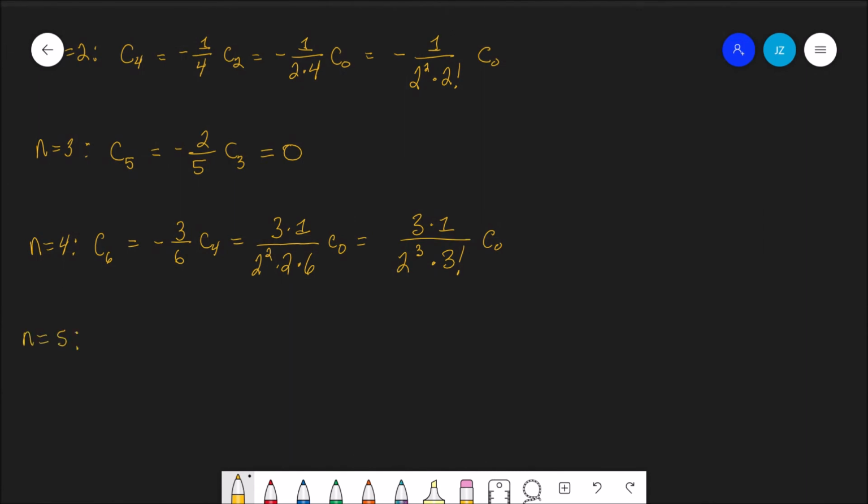For n equals 5, C sub 7 is negative 4/7 C sub 5, but C sub 5 was found to be 0, so this is 0. We're already starting to see now the emergence of a pattern. All of the odd C's are going to be 0.